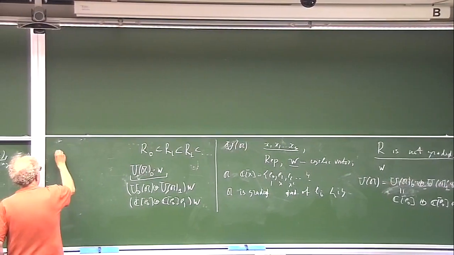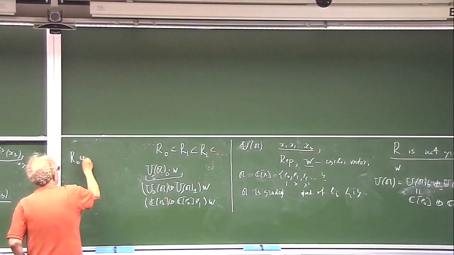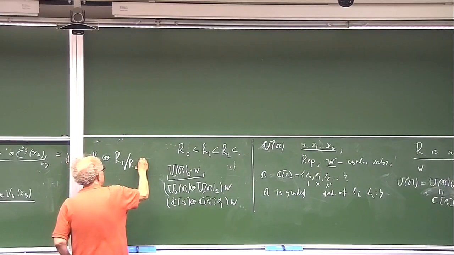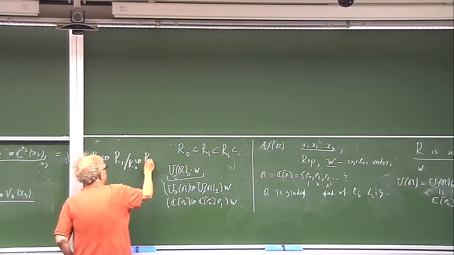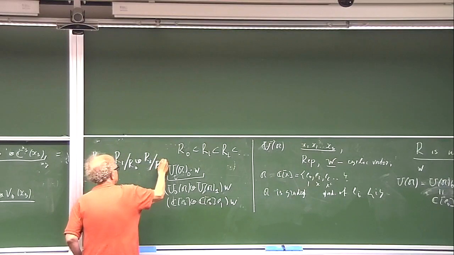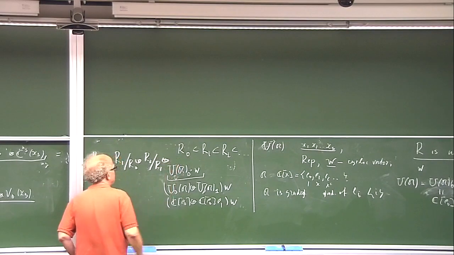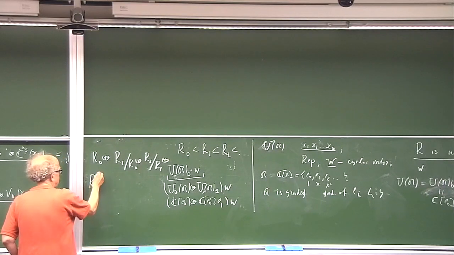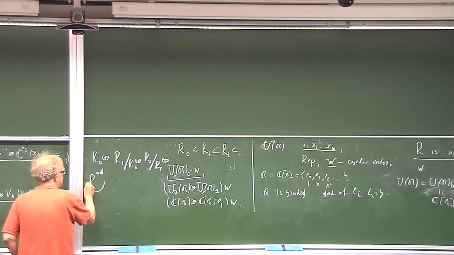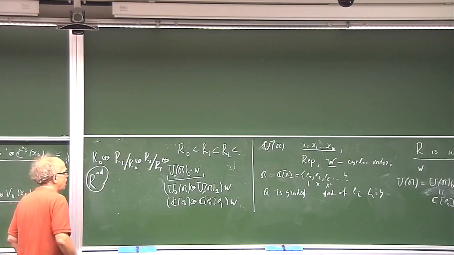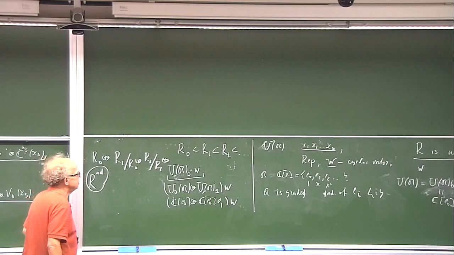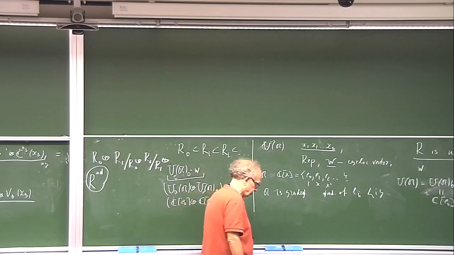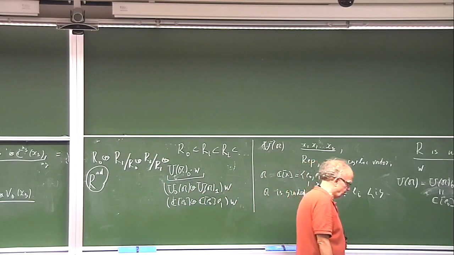I can take R0 plus R1 over R0 plus R2 over R1 and so on, and it gives me the space R, let us call it adjoint, and now it will be a graded representation of my commutative algebra.